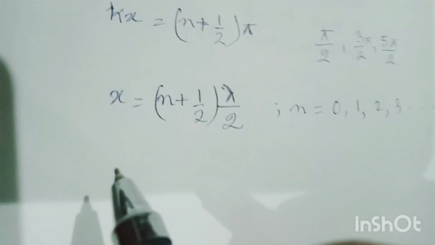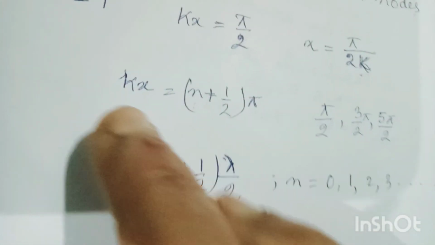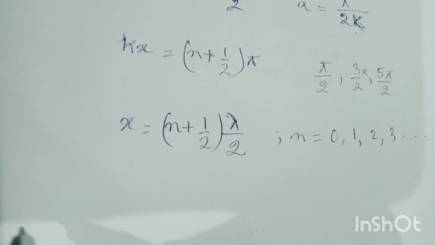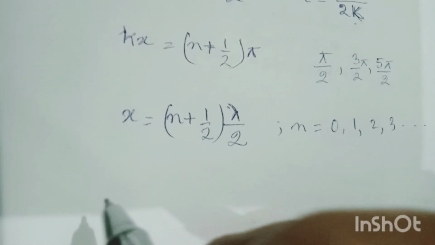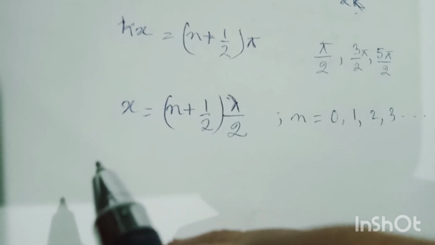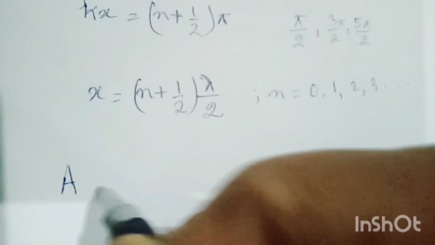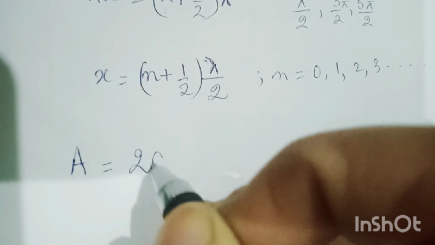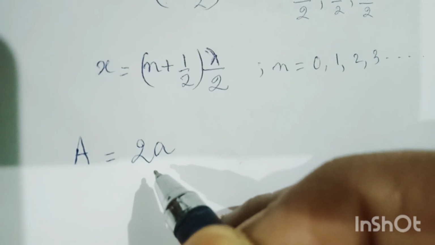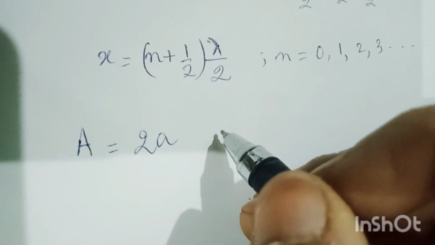With these values of x, or these values of kx, we always get an amplitude of the wave that is not equal to 0. So the amplitude is equal to 2a.